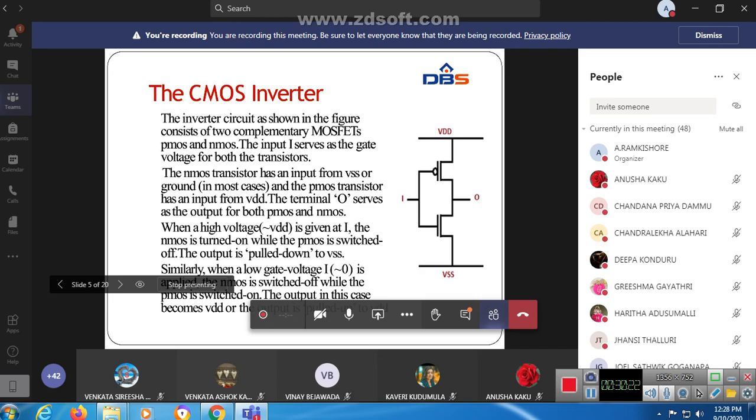Generally CMOS is the combination of both PMOS and NMOS. The transistor above we can call PMOS, and the transistor below we can call NMOS. Whenever we combine these two transistors in a single structure, we call it a CMOS inverter.